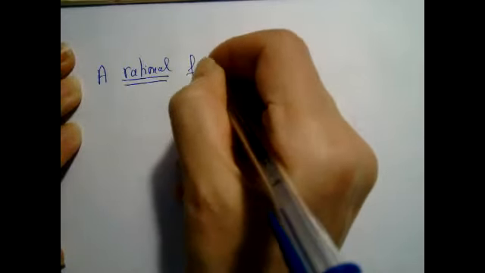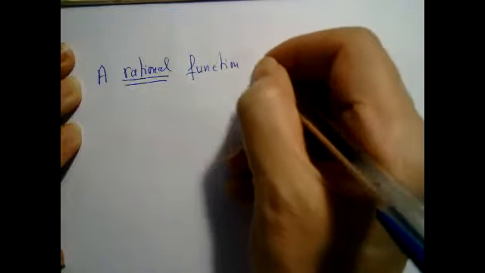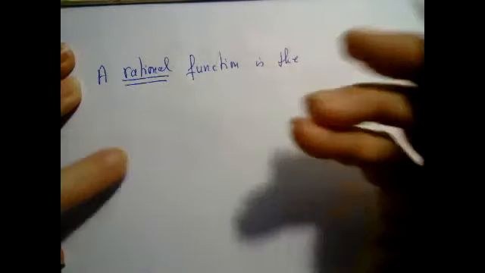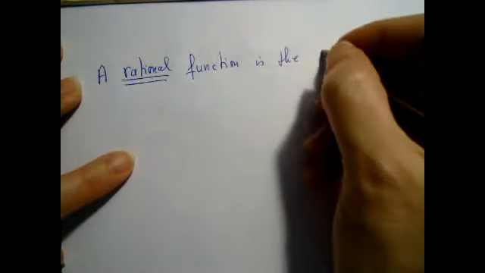Now, what's a rational function? And that's really what we want in this particular chapter, in this section. A rational function is basically the ratio, the quotient of two polynomials.